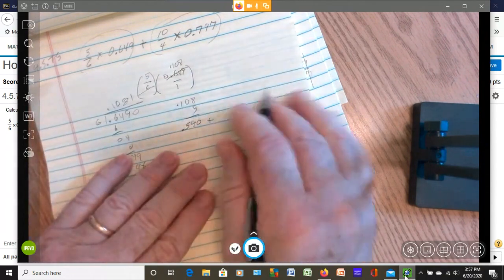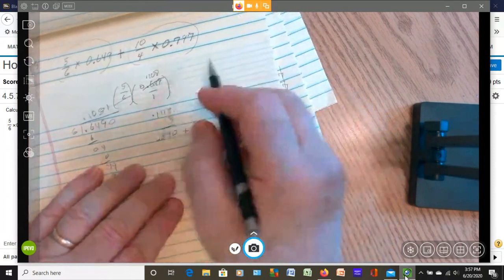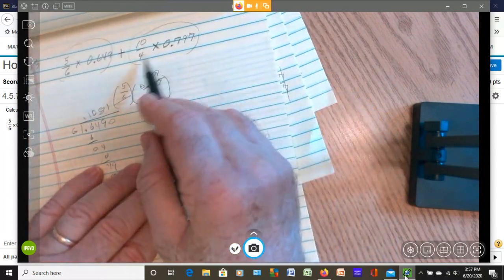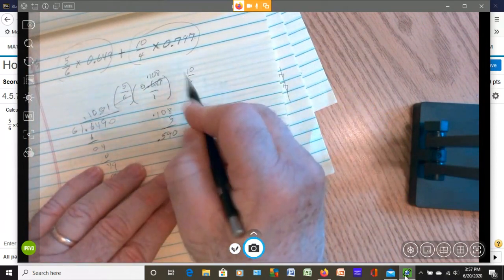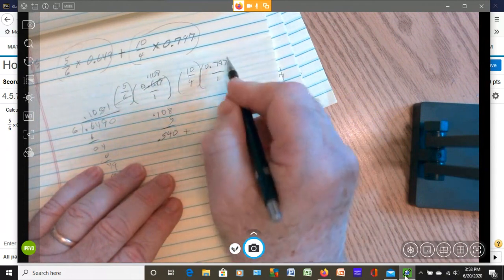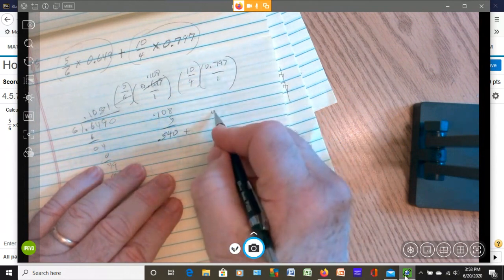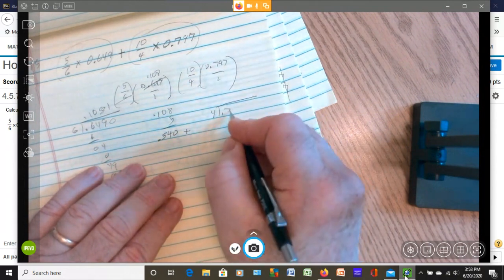I don't know if this is going to help us any at all, but let's try the same technique. Let's see if we can work it as 10 over 4 times 0.797 over 1. So I'm going to divide 4 into 0.797.